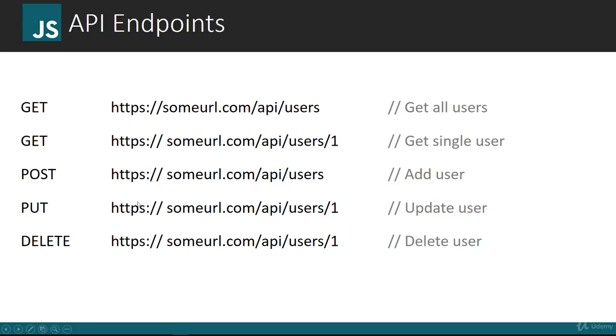It needs to know which post to update, as well as the data that you want to update it with. So you would send data with these types of requests, and you're going to see how that works. And then DELETE, of course, would delete a user based on the ID passed in the URL. Notice that all of these URLs are the exact same, but they're different requests.